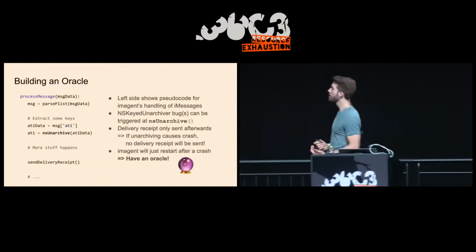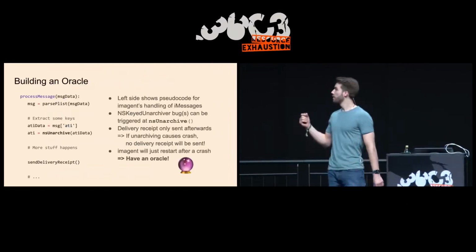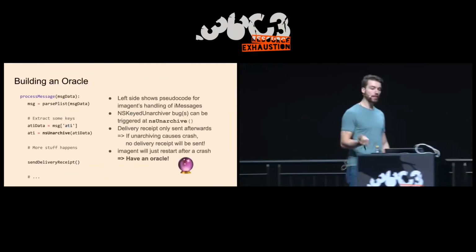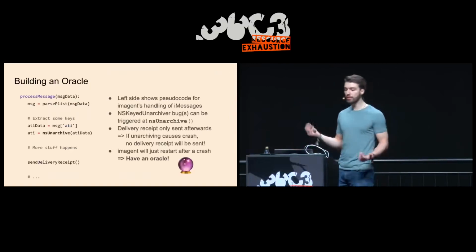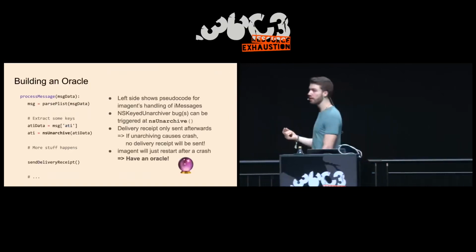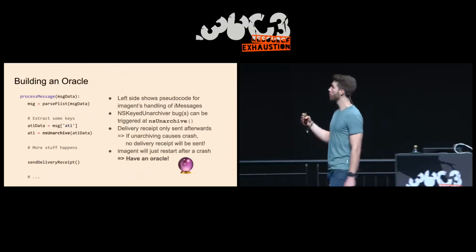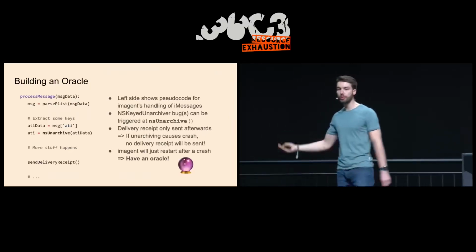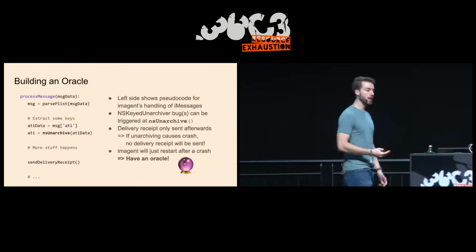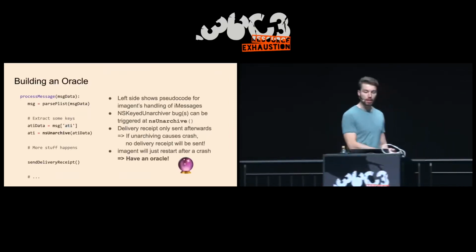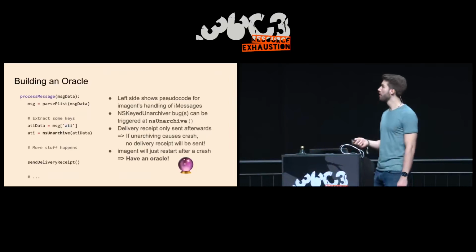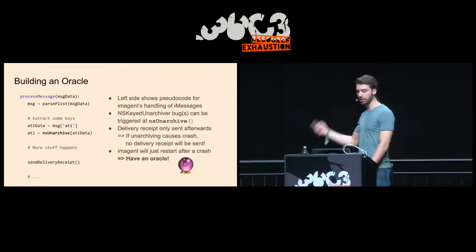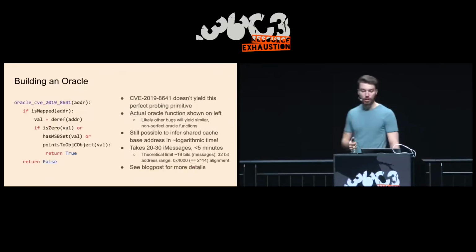So what that means is, if during our NSUnarchive we can trigger the bug and cause a crash, then we have somewhat of a 1-bit side channel, right? Because if we cause a crash, then we won't see a delivery receipt. And if we don't cause a crash, then we see a delivery receipt. So it's 1 bit of information. And this is going to be our oracle, right?